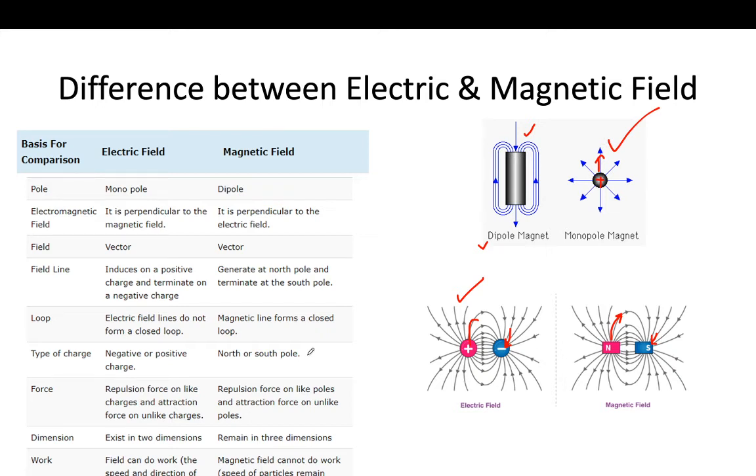Dimension: two dimensions for the electrical field, and three dimensions for the magnetic field. Work: the electric field can do work on the speed and direction of charged particles, while the magnetic field cannot do work. The speed of particles remains constant. Why does it remain constant? Because it is in a closed loop.